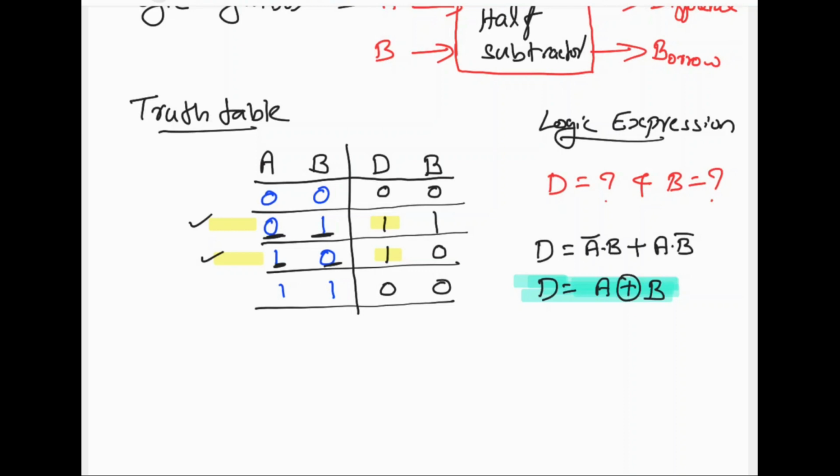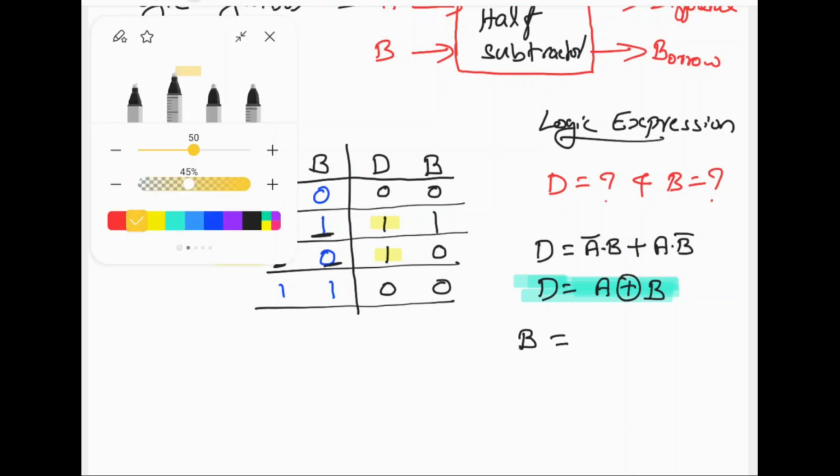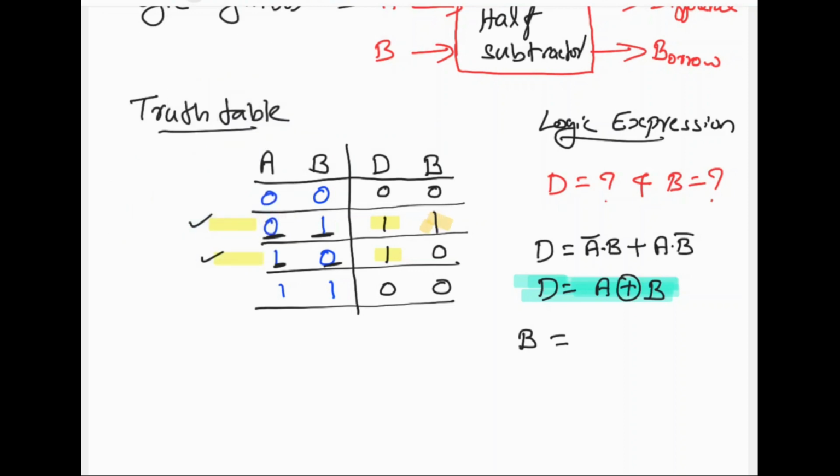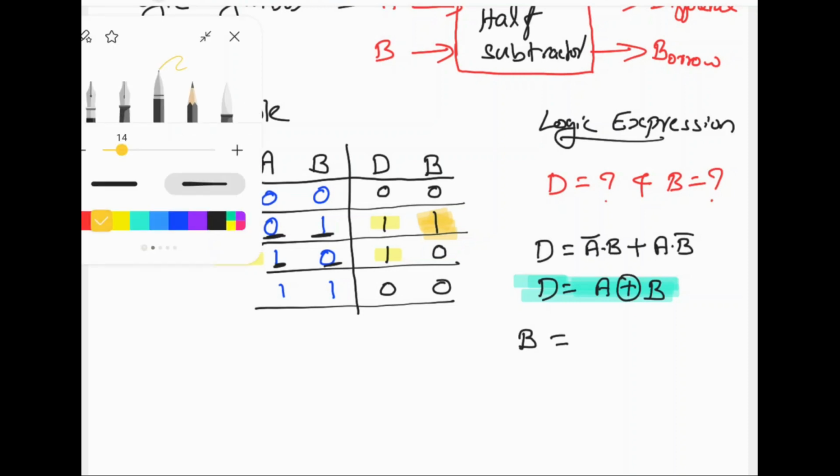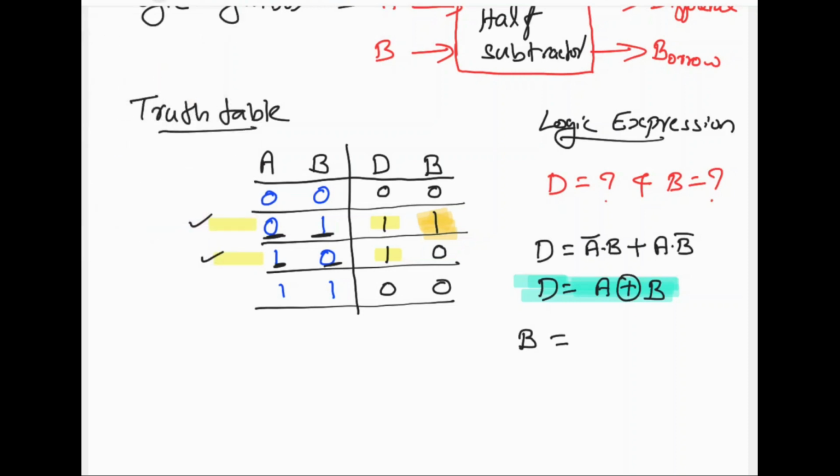Next we want to see the equation for borrow. Here you can see the borrow is 1 only for one condition, that is A is 0 and B is 1.